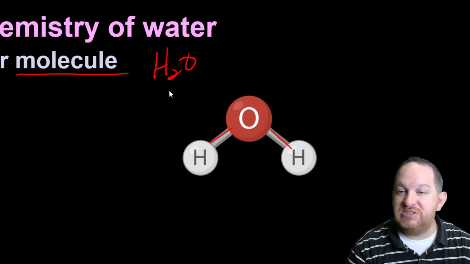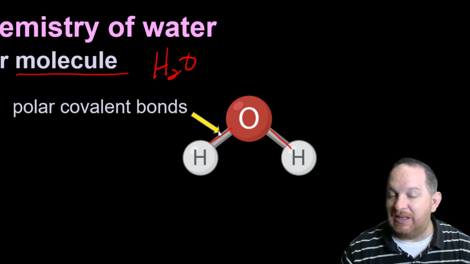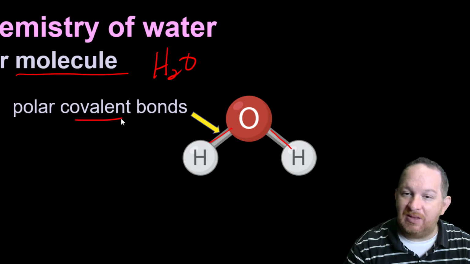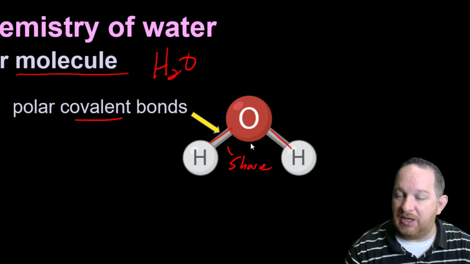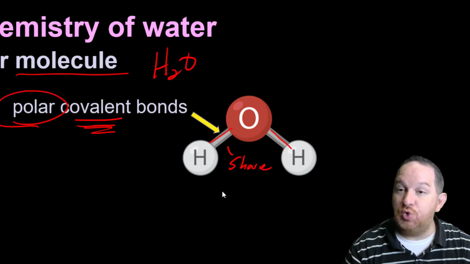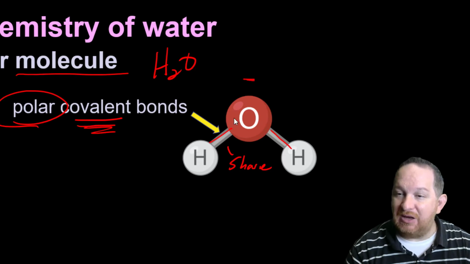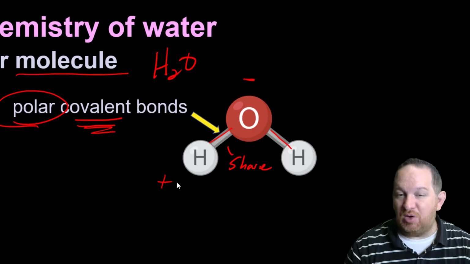Well, this particular bond that we see in water is called a polar covalent bond. It's covalently bonded because the oxygen and the hydrogen are sharing some electrons here. So that's what makes this sort of covalent bond. It's a polar bond because basically this molecule has 2 poles, a negative pole, and maybe you could think of it as a positive pole.